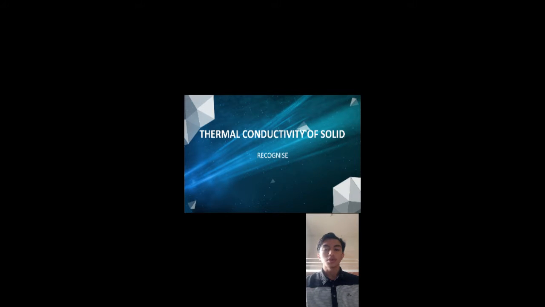And now I'm going to talk about the determination of heat conductivity of solids. There are two things that I will talk about, which are pre-setup and safety measures. First, the pre-setup. The steps are: check whether all the equipment and instruments are in good condition. Check whether there is a defect on the specimen that will be used.